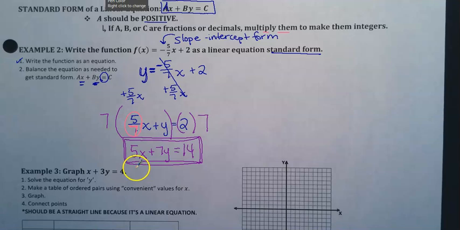With that being the case, A is 5, 7 is my B, and 14 is my C value, because remember, it was Ax plus By equals C. So that's how I can pick out those values. Putting it in standard form just means having your x and your y on the left of your equal sign and leaving your constant on the right. That's all.